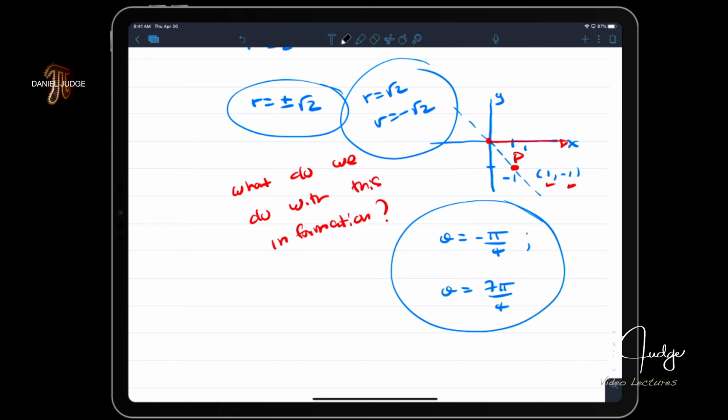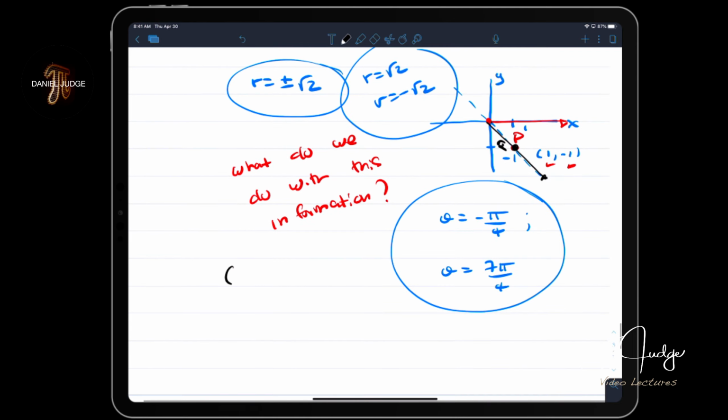Here's what I'm saying. That location has a distance, a radius of positive square root of 2, but the angle is negative because I went in the clockwise direction. I can say my radius is a square root of 2, but I have to have a negative angle, -π/4. That's the location. That's one way of doing this.